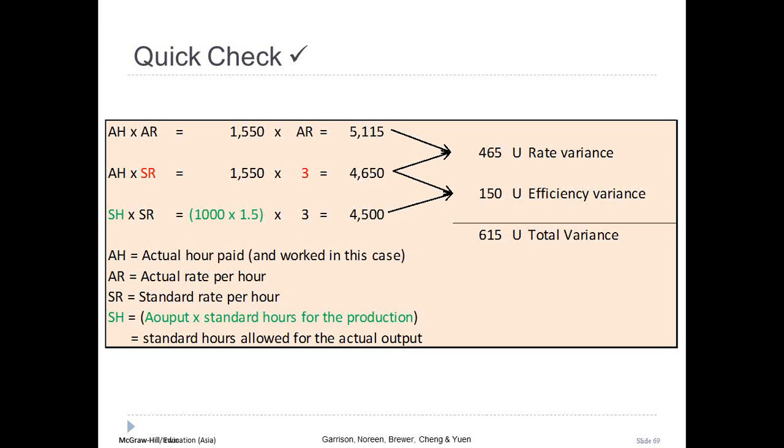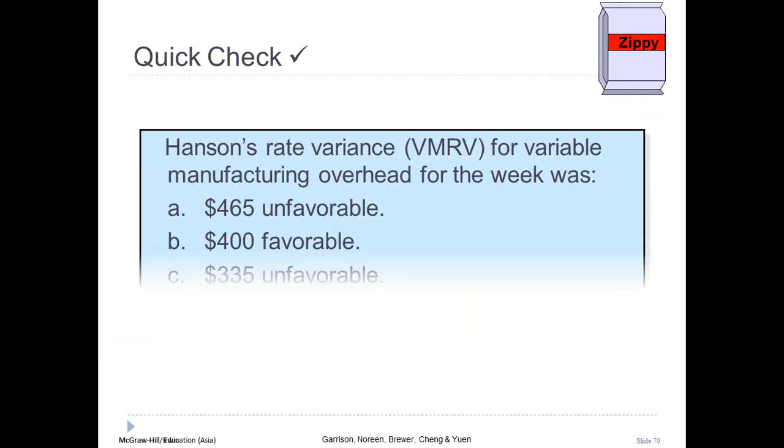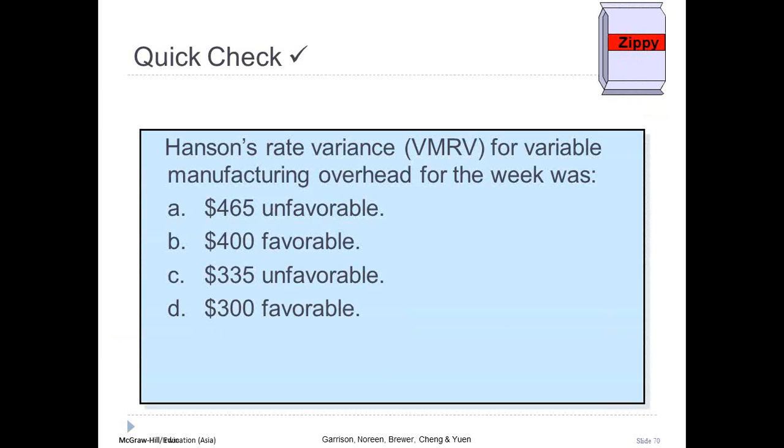The unfavorable efficiency variance of $150 is caused by a difference between the actual hours of 1,550 incurred and the standard hours allowed for the actual output of 1,500, which is calculated based on the actual output of 1,000 zippies at the standard of 1.5 hours, valuing at $3 per hour. So what is Hansen's rate variance for variable manufacturing overhead for the week?